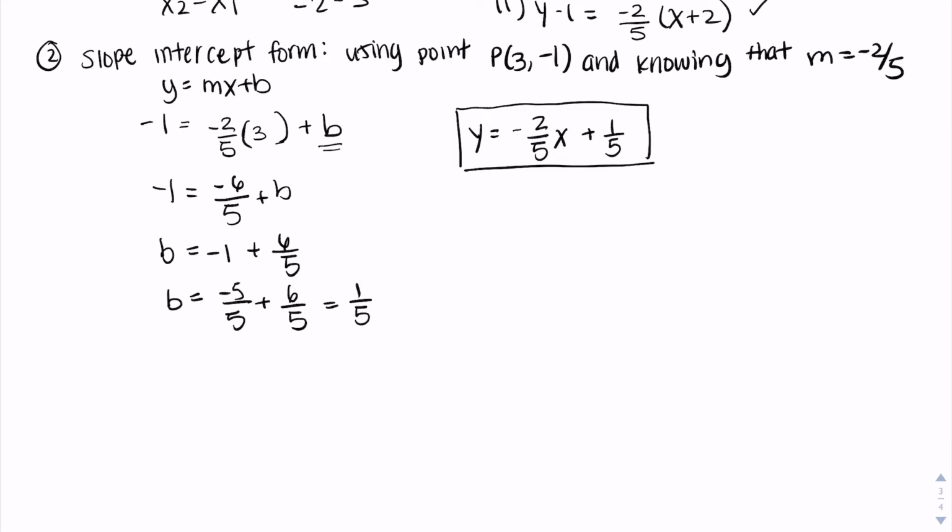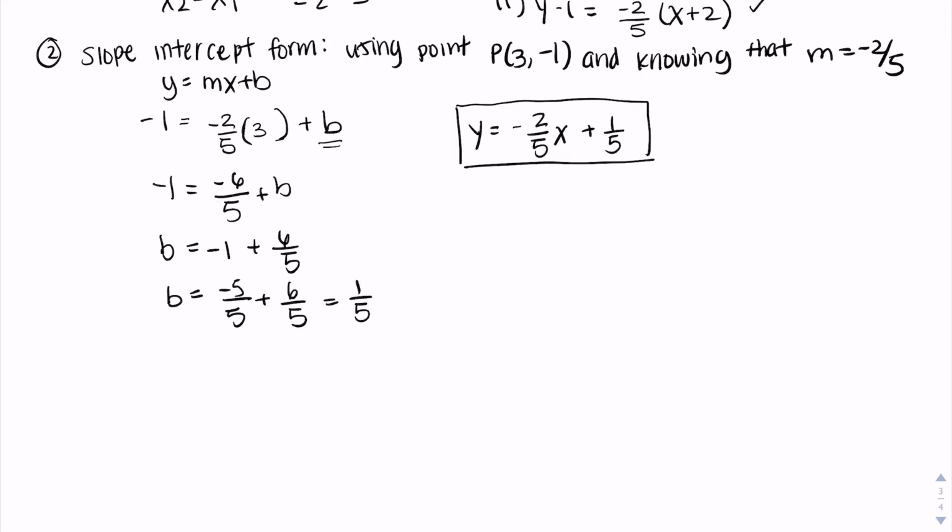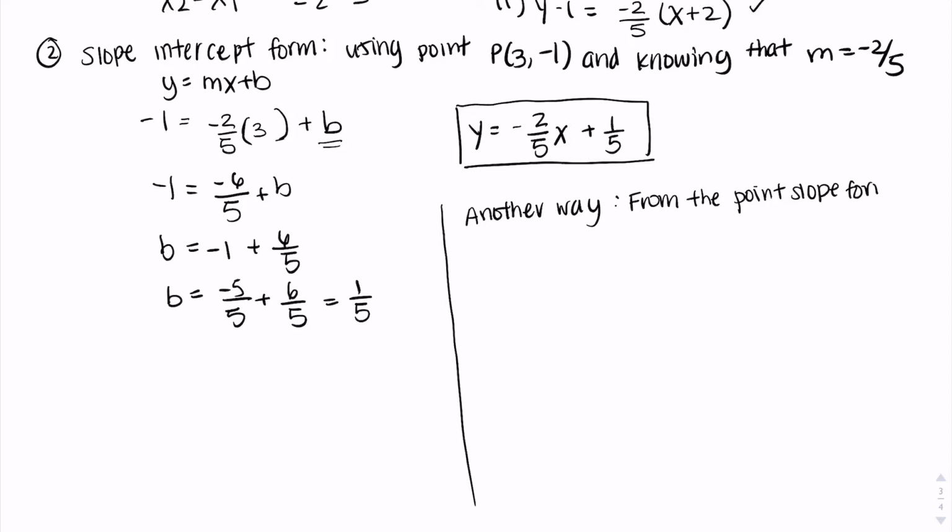So this is another way, from the point-slope form: y plus 1 equals negative 2 over 5 times x minus 3.